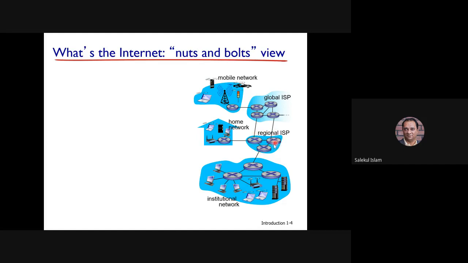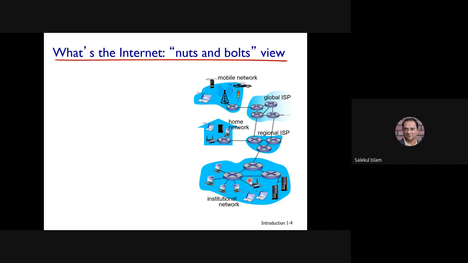So what does it mean? It means UIU cannot provide internet connection directly because we are not an internet service provider. So we have to take an internet connection from one of the internet service providers.